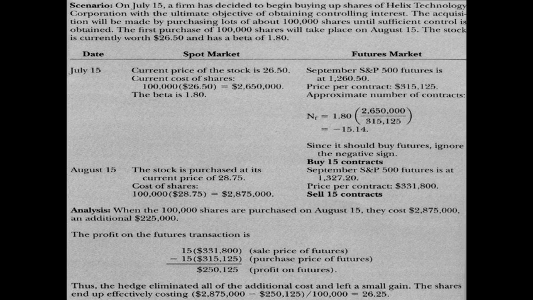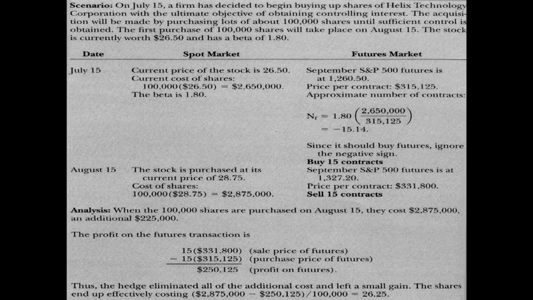Long, right? We're afraid the stock price may go up, so we'd like to go long on Helix Technology futures contracts. There aren't any. The next best thing we can do is use a proxy, a substitute, that being the index future. We'll go long on the index future contract.